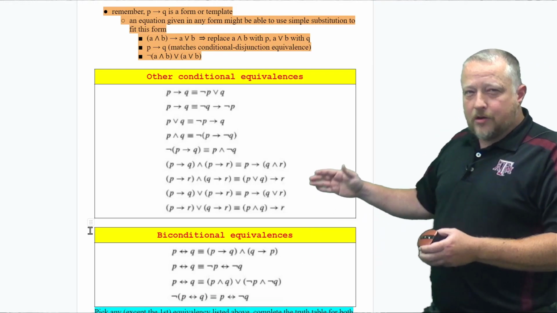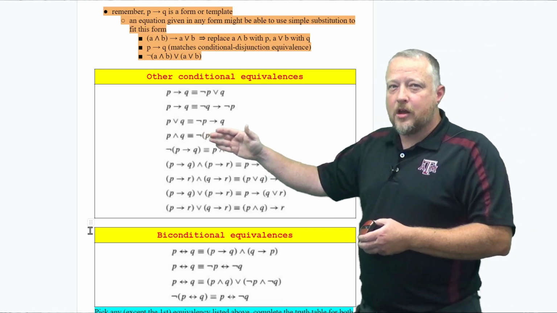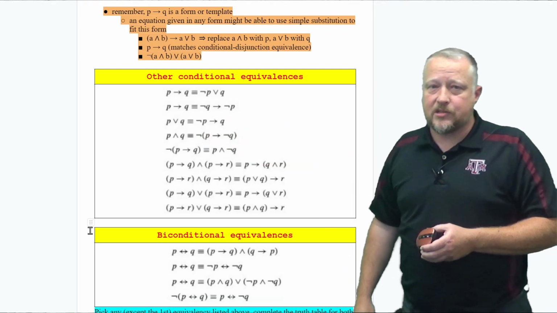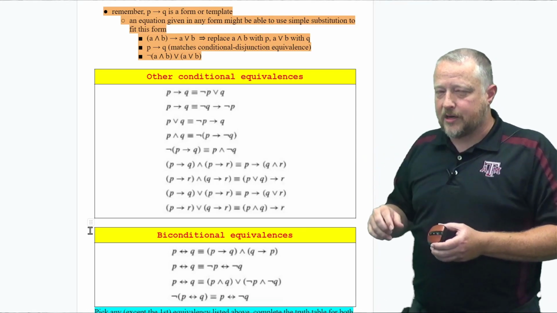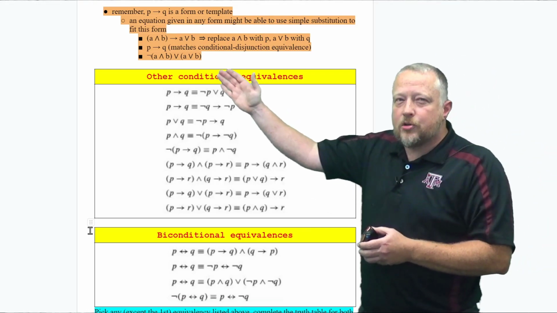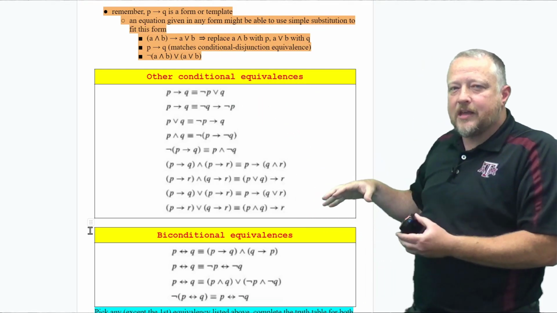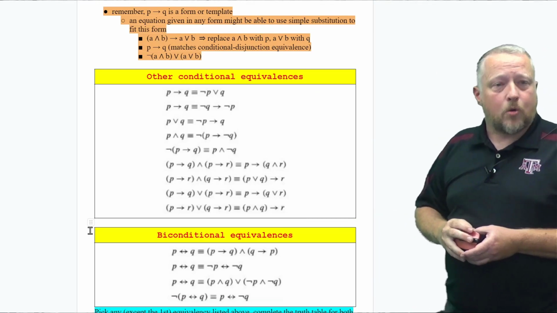Some of these will help you get rid of the implication, and some of them won't, so just a heads up, it's a mixed bag. But again, the important part is that you have to do some simple substitution to get it into a form that looks like this in order for us to do some reduction of equations.